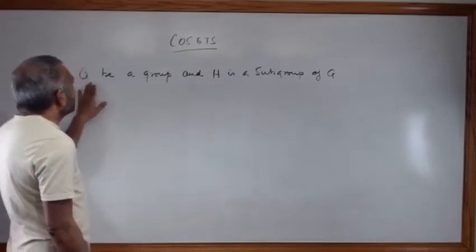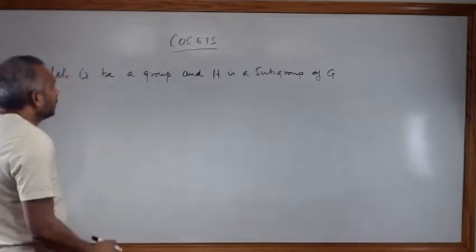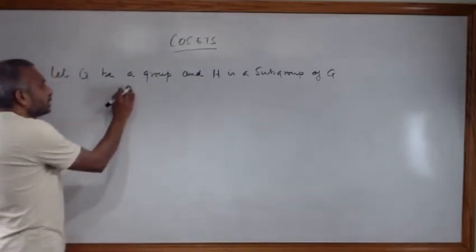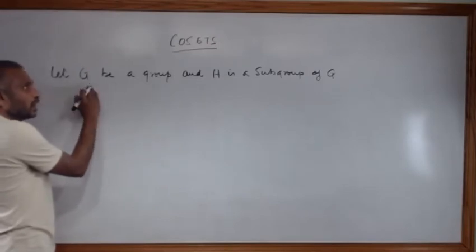And those classes are actually cosets. So that equivalence class will divide G into disjoint subsets or classes.